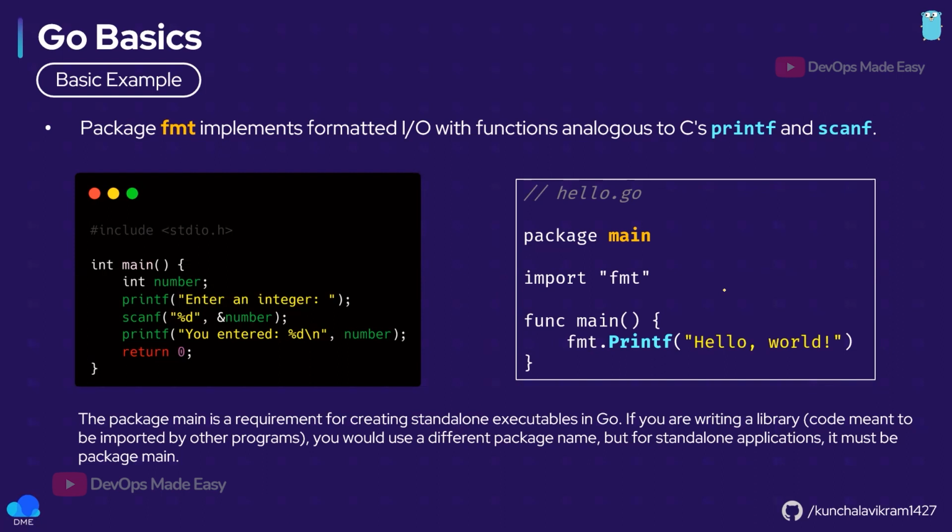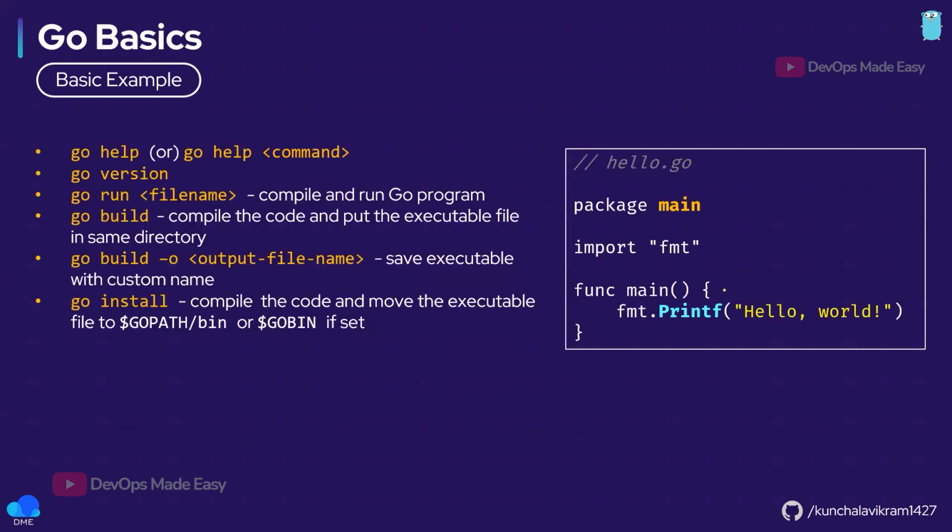We will understand the importance of using packages, whether I can have multiple Go files belonging to the same package, and what a module is, clearly in the coming video. But remember, if you're trying to build an executable, your entire code should belong to a package main, and that package main should also have a function main that serves as an entry point.